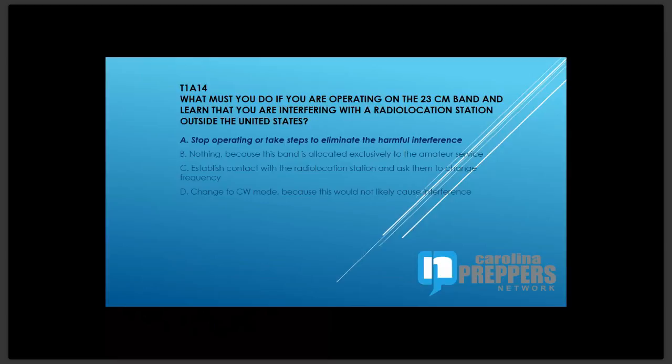But you don't need to hear about them, because all you need to concentrate on is the question is asking you about interference. And it goes back to what we said earlier. Interference is not allowed. You cannot interfere with another station transmitting. And when you find out that you're interfering, you're to stop operating immediately and take steps to mitigate and eliminate that harmful interference.